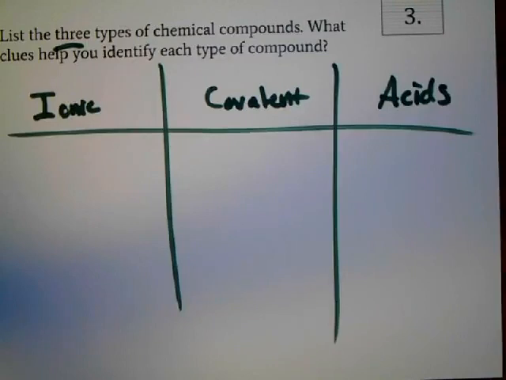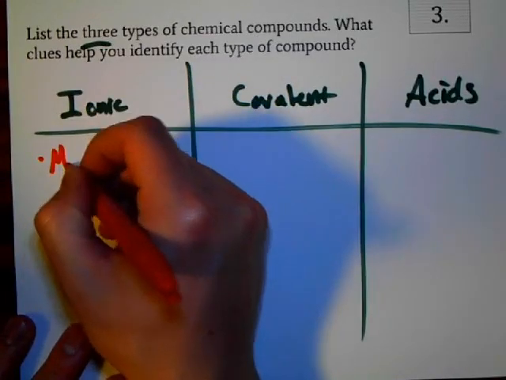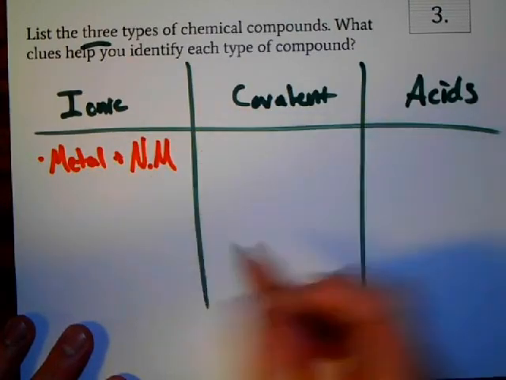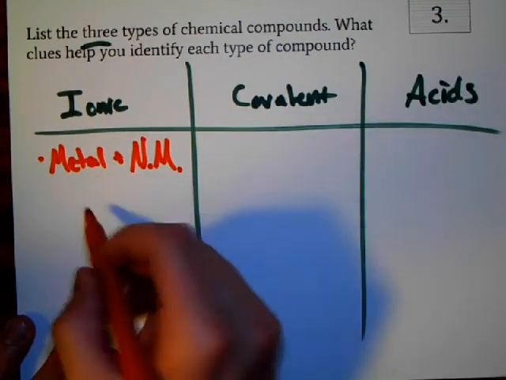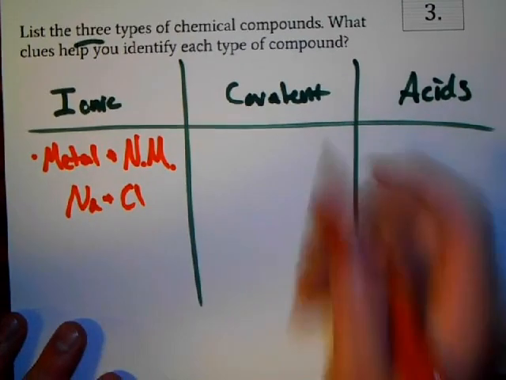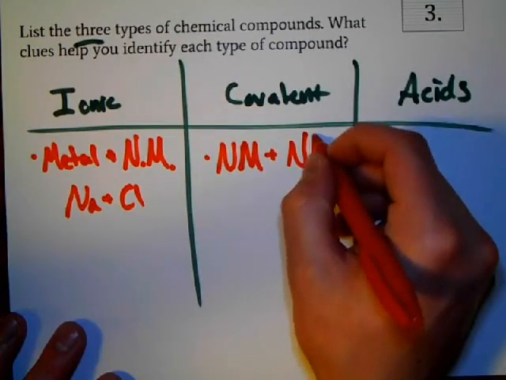Very simply, ionics are going to follow the same rules, and so are covalents that we used in the past. Ionics are going to have a metal plus a nonmetal. So an example of a metal and a nonmetal is sodium plus chlorine. That's going to be an ionic compound. Covalents are just going to be nonmetals plus nonmetals.